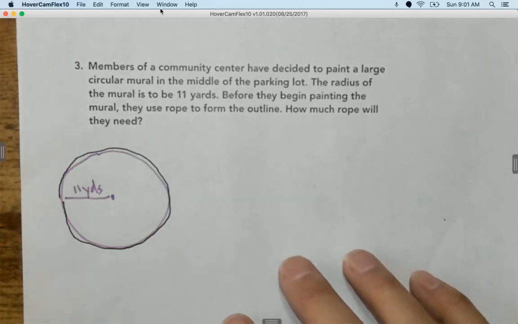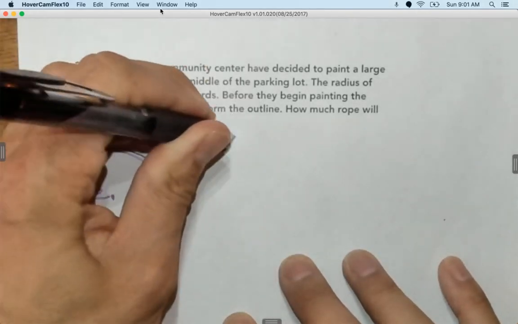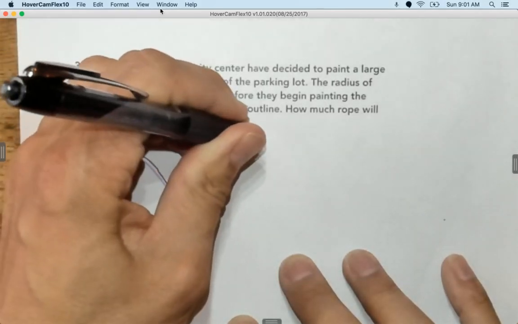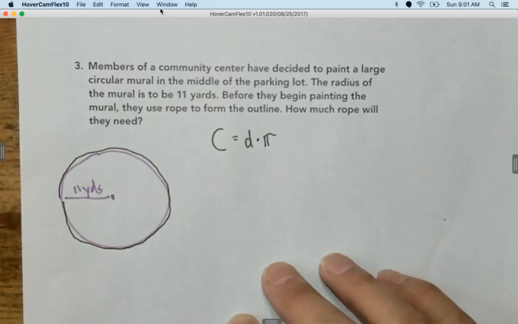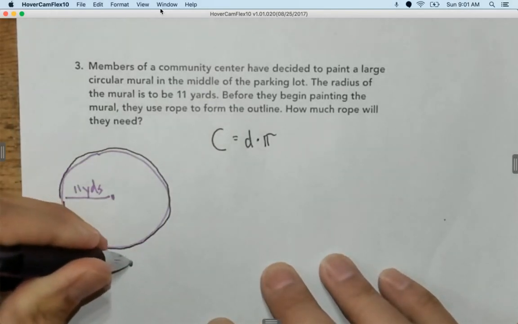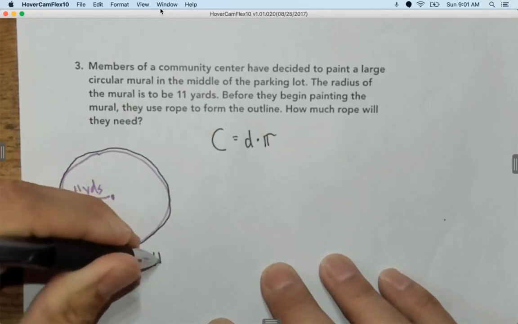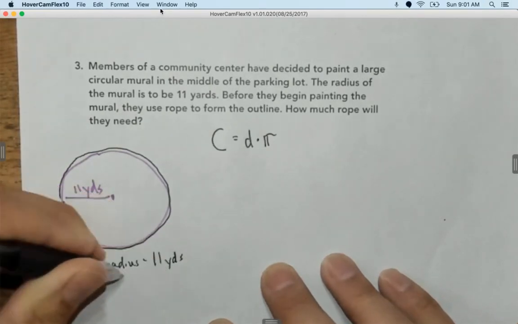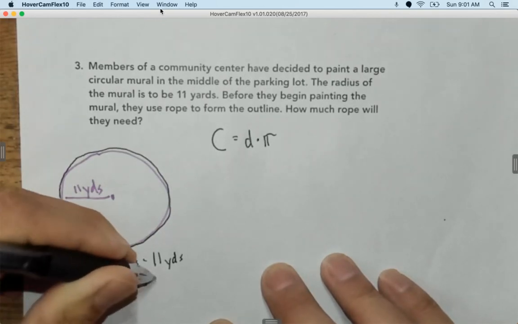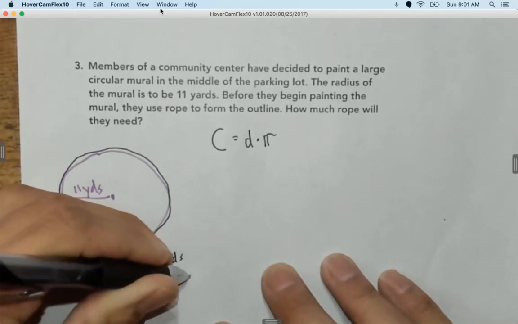So this is a question where they're asking for the circumference. And the circumference is diameter times pi. And so if the radius is 11 yards, the diameter would be 22 yards.